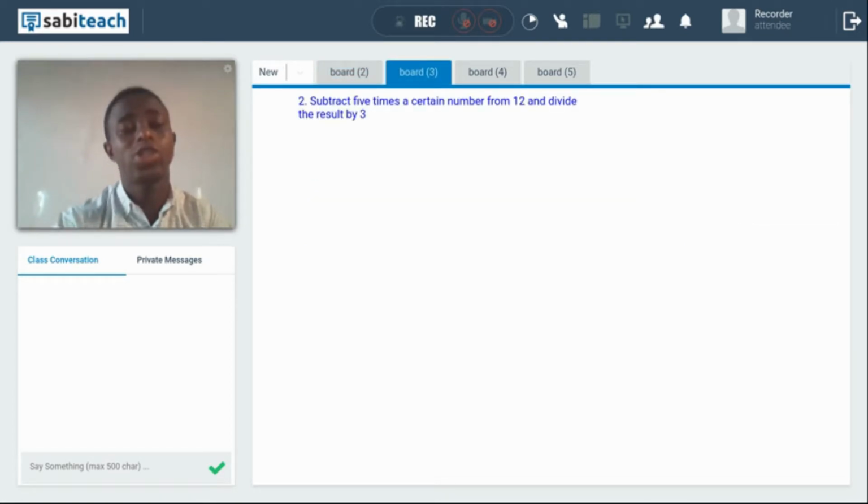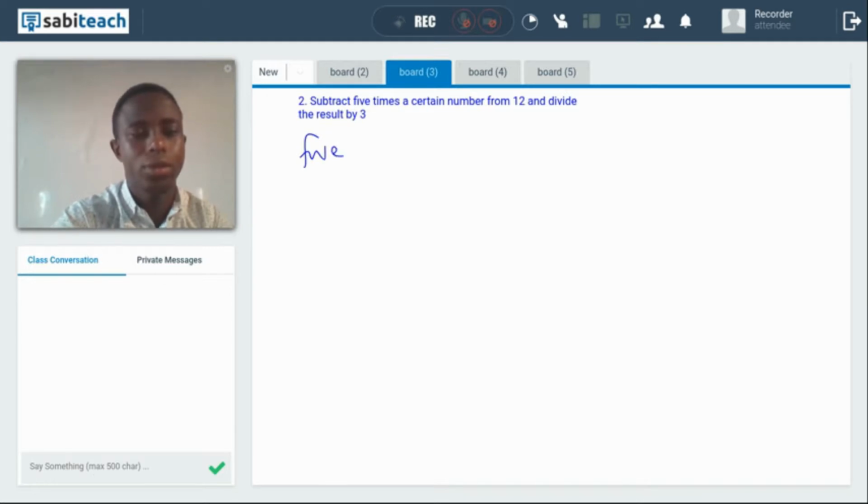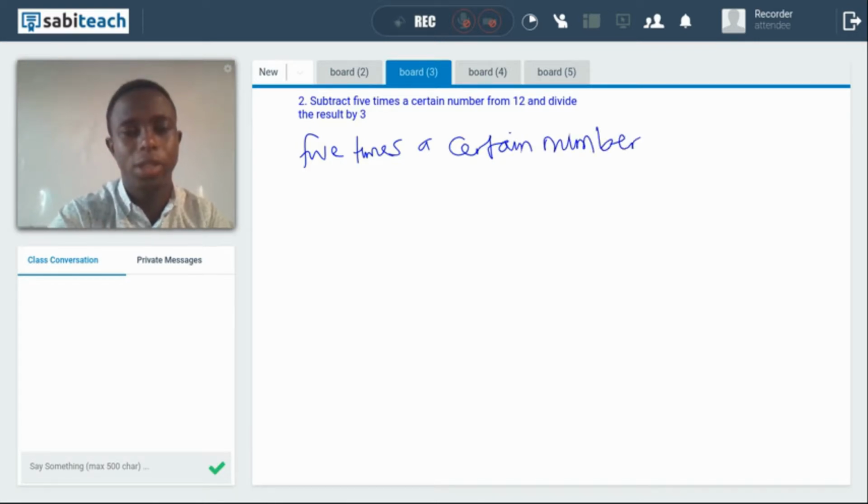The next illustration says, subtract 5 times a certain number from 12 and divide the result by 3. So let's break it down. The first thing is 5 times a certain number. What would that be? That is 5x.